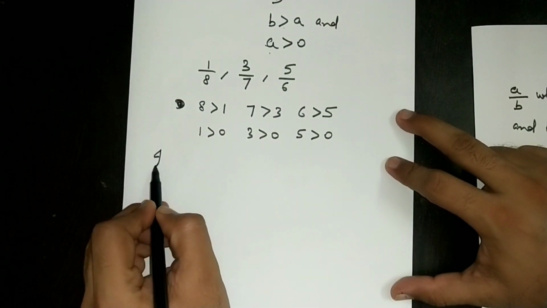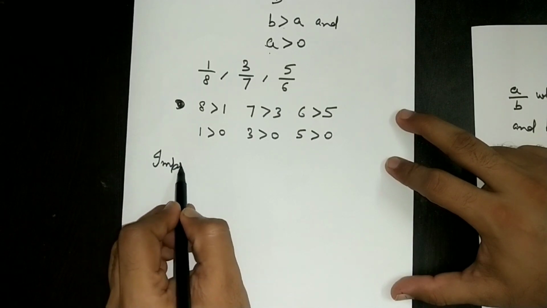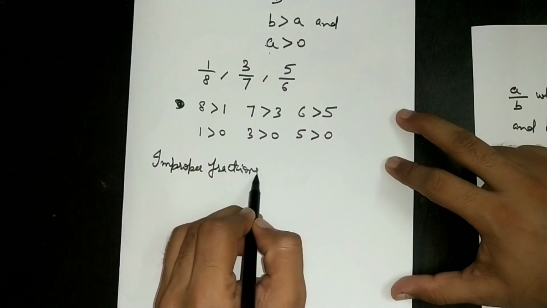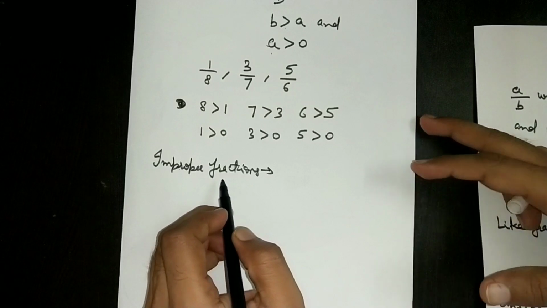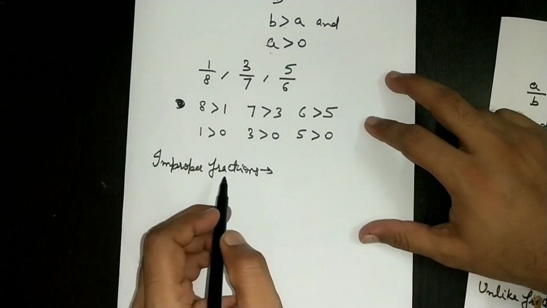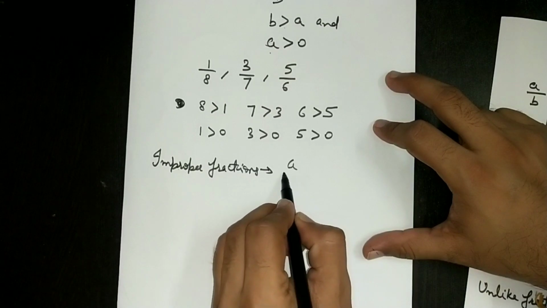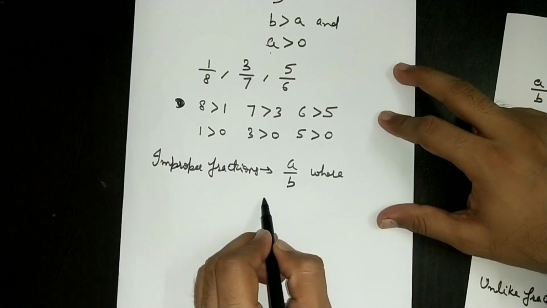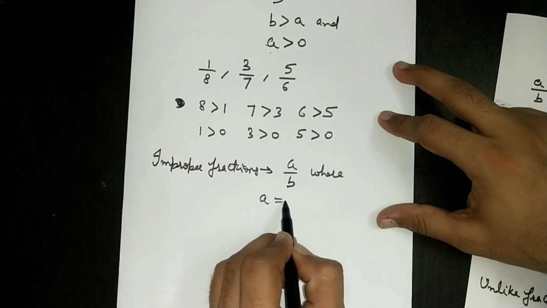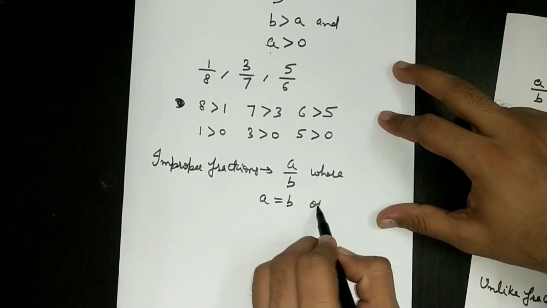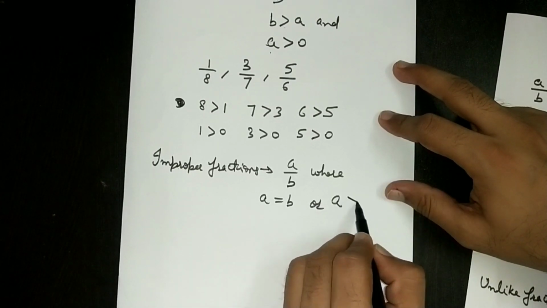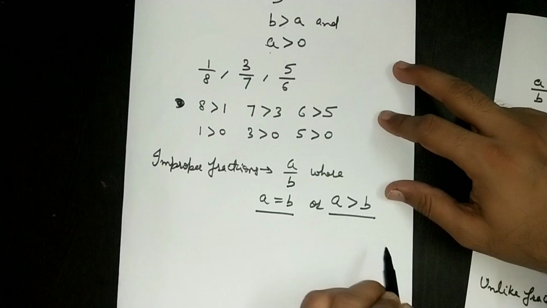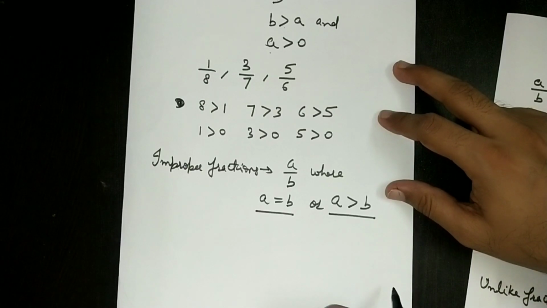Now what are improper fractions? In A divided by B, where A is equal to B or A is greater than B, it means improper fraction.